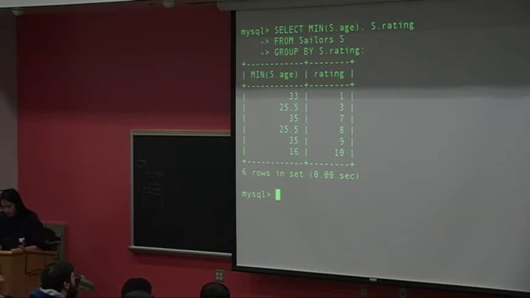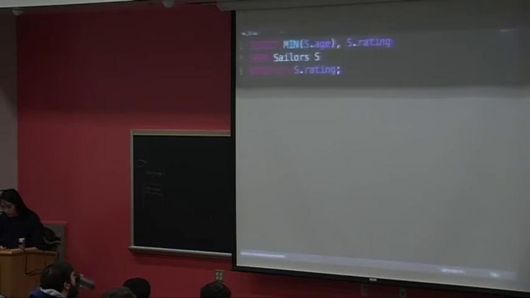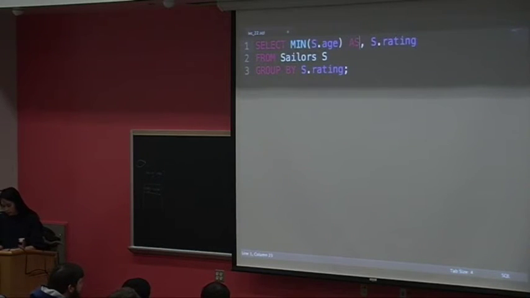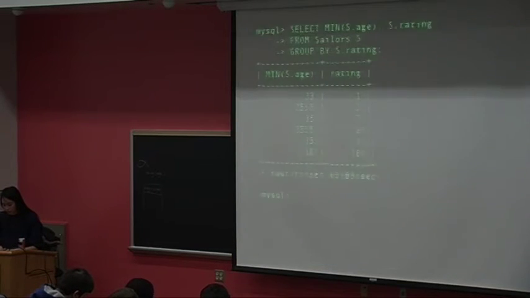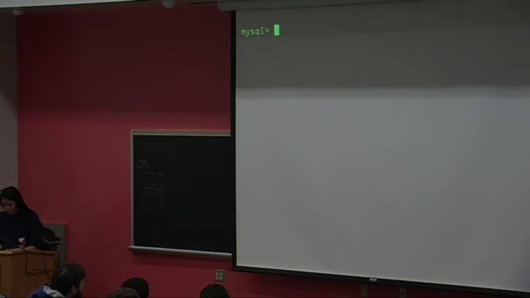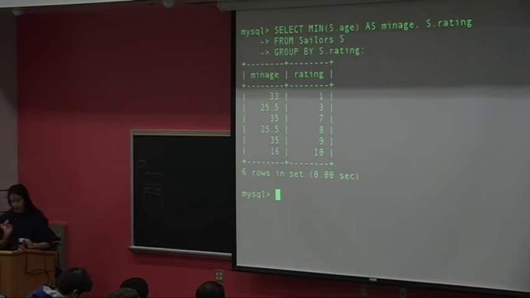So if you want to rename it, what you can do is actually right here. You can say AS name. Okay, that's it. Then you rename it. So if we go back to paste it, then we have a new name for that column. So maybe later on when we are doing nested query, you need to refer to that if it's easier to remember.